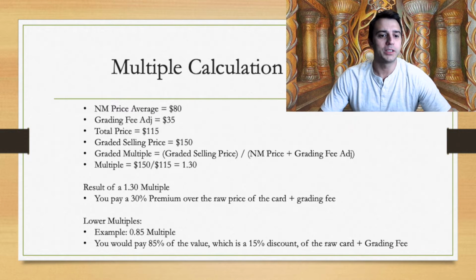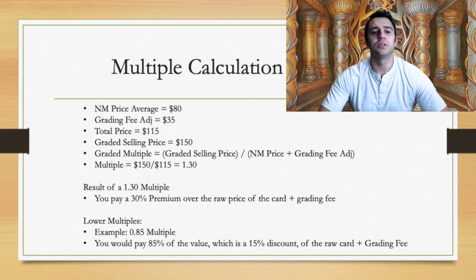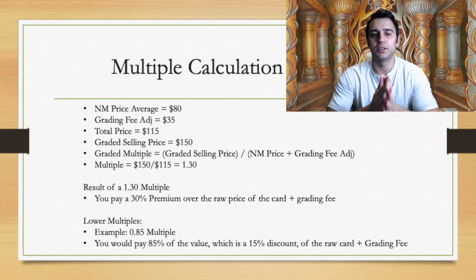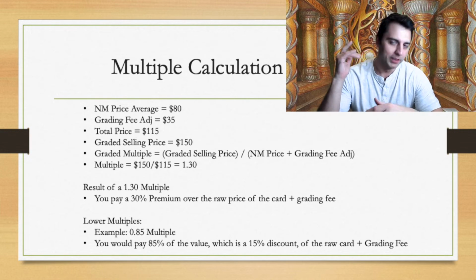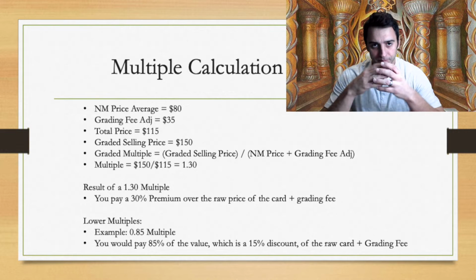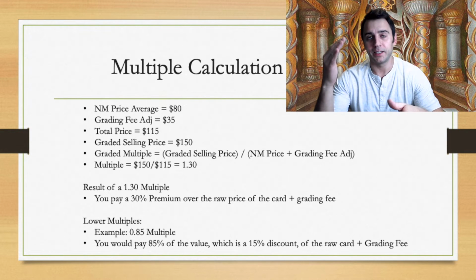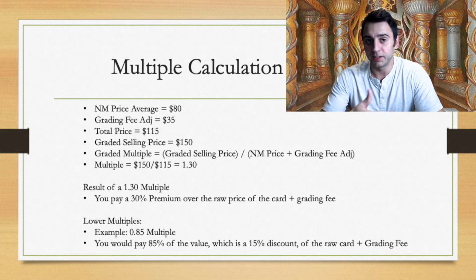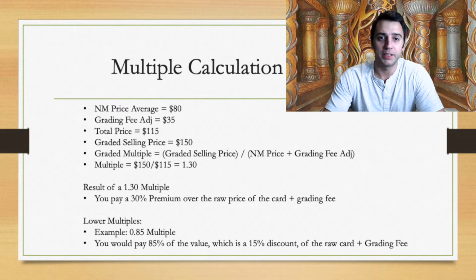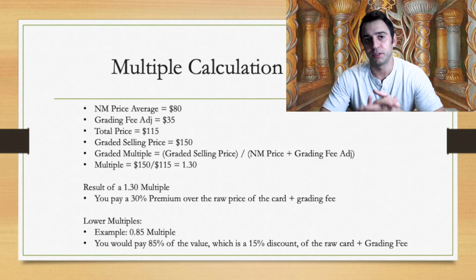Without any further ado, let's take a look at just a refresher here. The first thing to go over is the multiple calculation. We take a near mint price average from different online retailers, take an average of that price, and then divide the sale price of the graded card by that near mint price with an adjustment made for the grading fee.